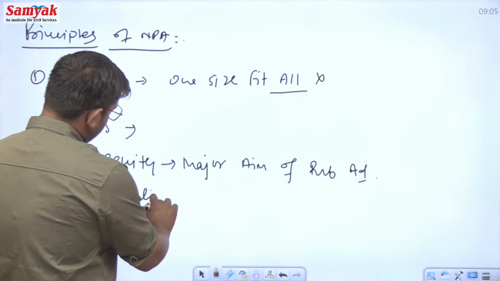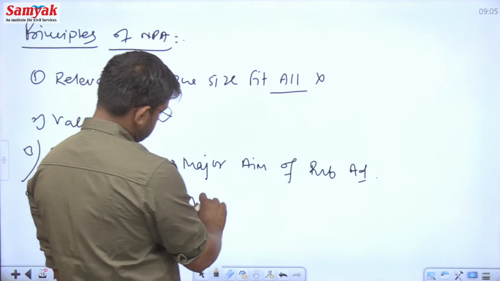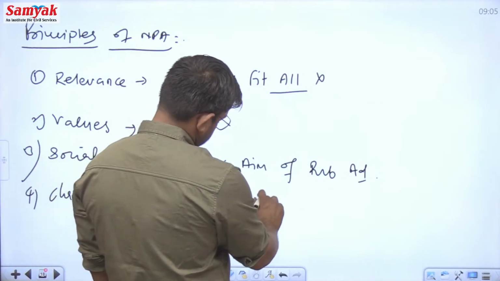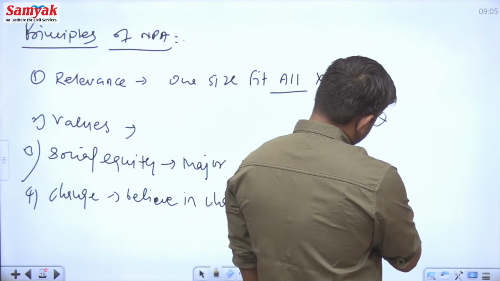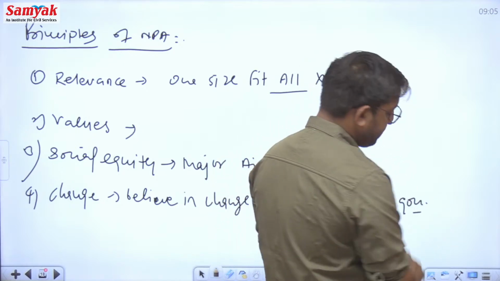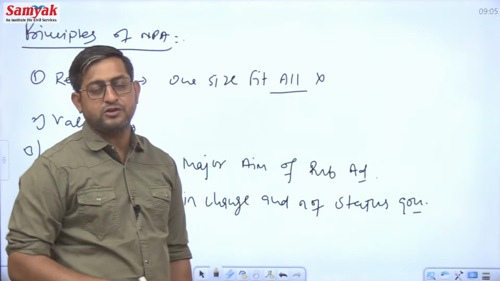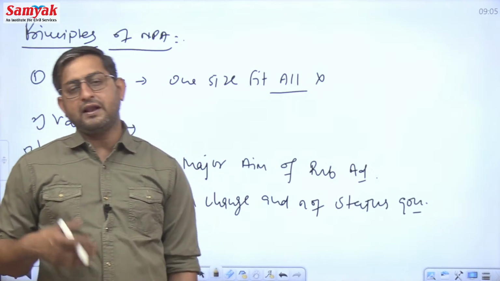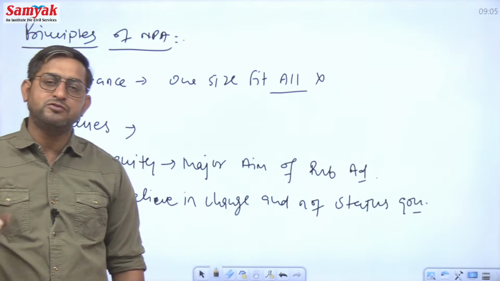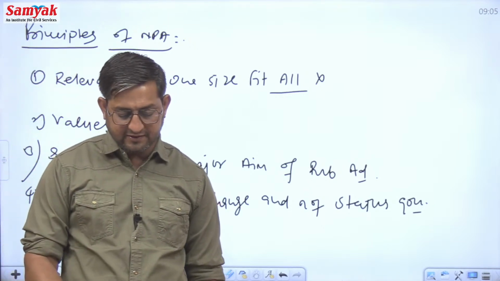We have the change. Believe in change and not status quo. Not status quo. So every time be ready to change, because if you don't change, then you will not remain relevant with the changing circumstances. So to keep you relevant with the changing circumstances, you will have to change. आप status quo से development नहीं कर सकते.